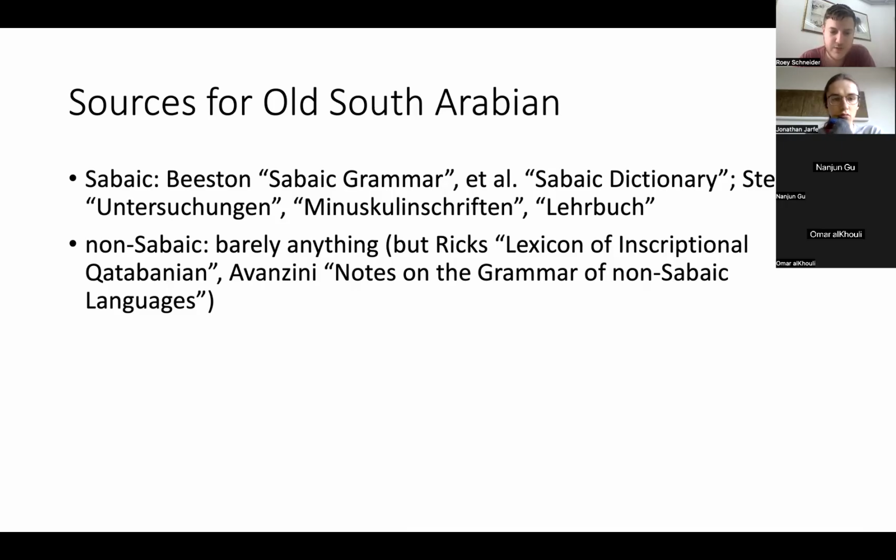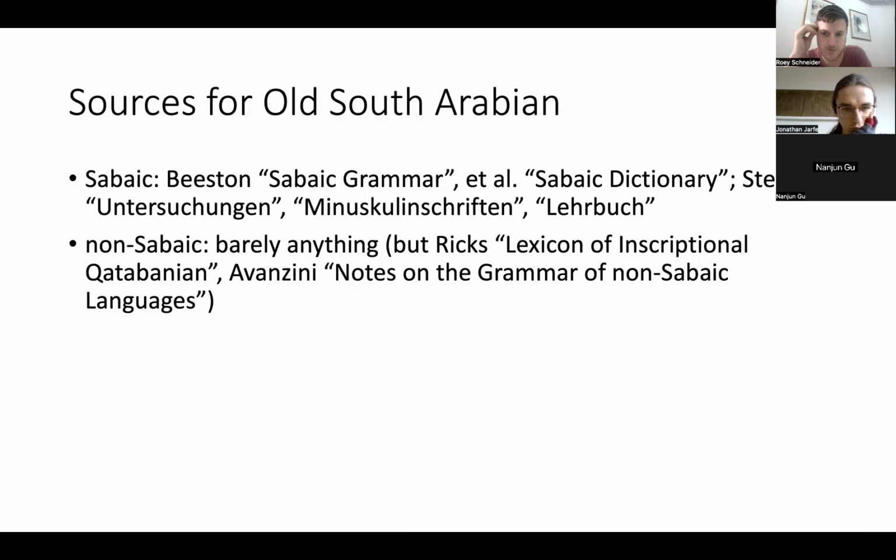For non-Sabaic Old South Arabian, there is barely any sources, unfortunately. There is the Briggs Lexicon of Inscriptional Katabanian, which is almost the only thing in existence, and a short article by Avancini, Notes on the Grammar of Non-Sabaic Languages. Other than that, everything that there is exists on the website that I have mentioned.